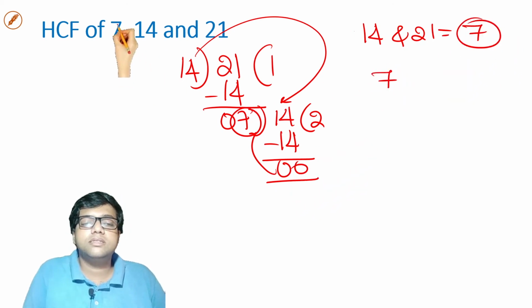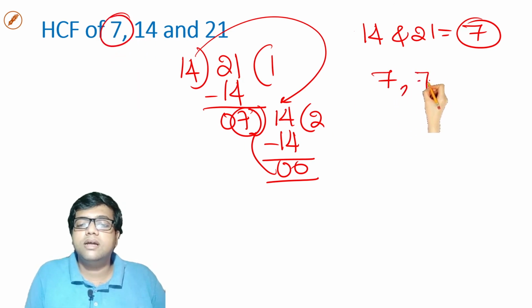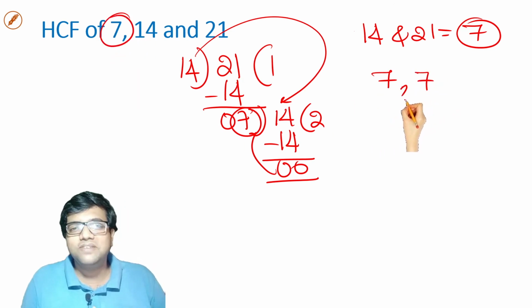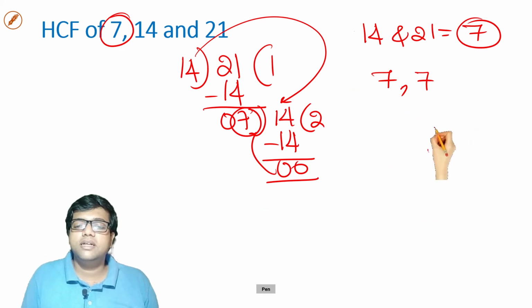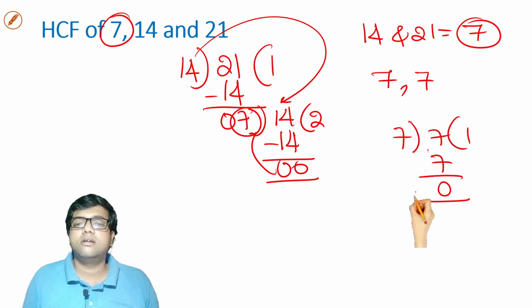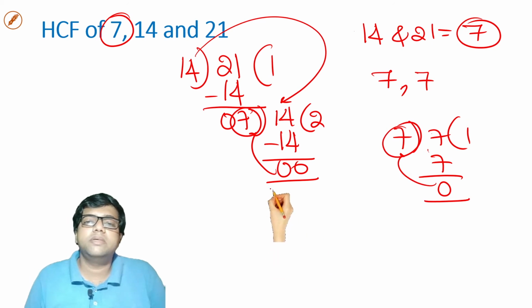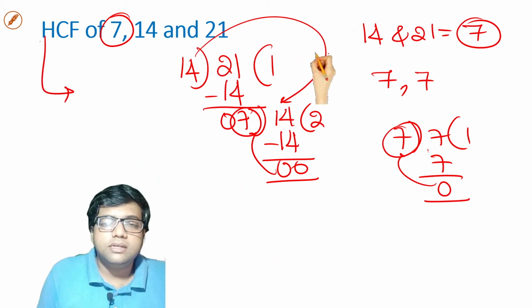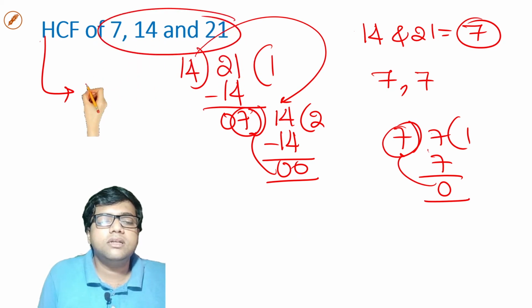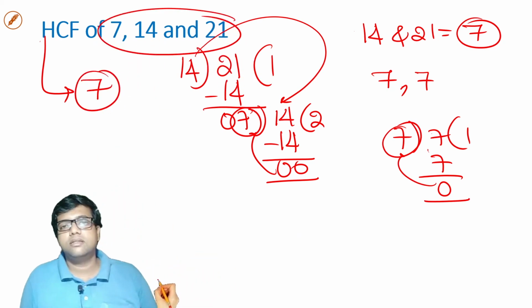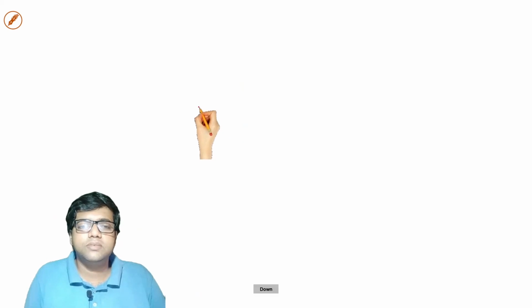Now you have another 7 here. 7 and 7, it's going to be 7 itself. The HCF for the same two numbers will be the same number itself. Even if you want to divide and see, you can. 7 ones are 7. You will always get the remainder 0. So the same number will be the HCF. Anyways, the HCF for all the three numbers together is the number 7.